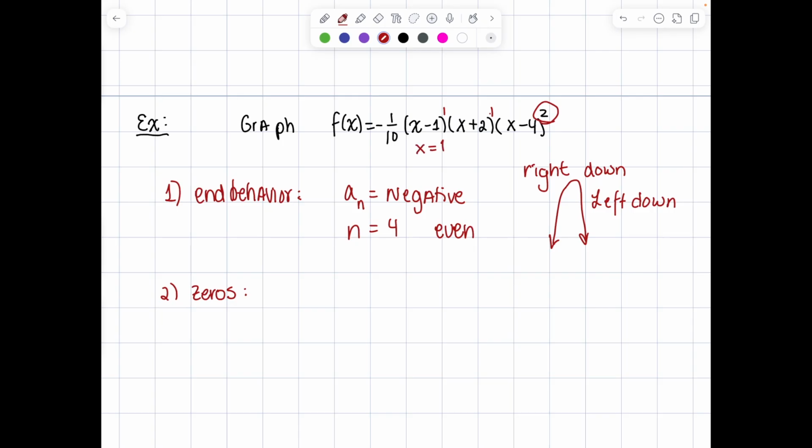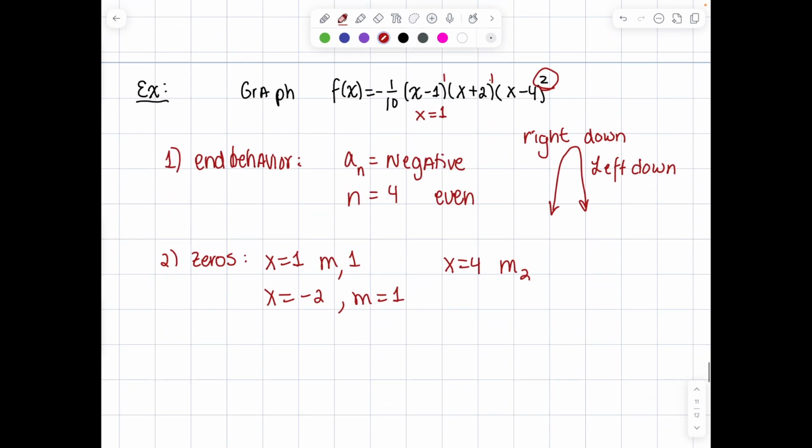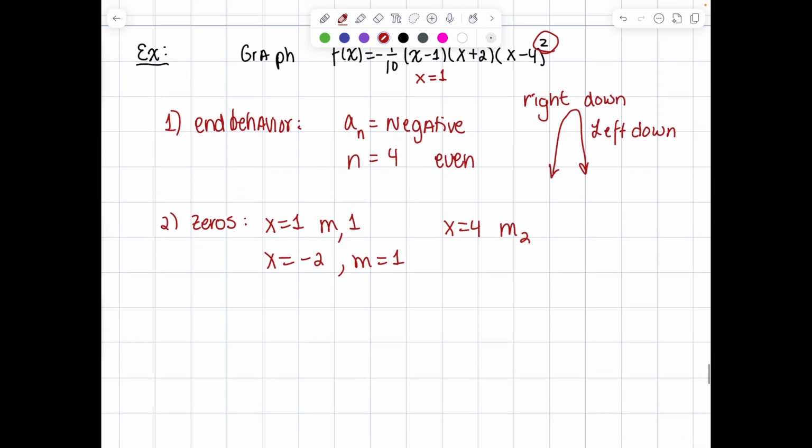We have x equals 1, with a multiplicity of 1. X equals negative 2, multiplicity of 1. And we have x equals 4, multiplicity of 2. All right, so that's what we have for our zeros, setting each one of those factors equal to 0.